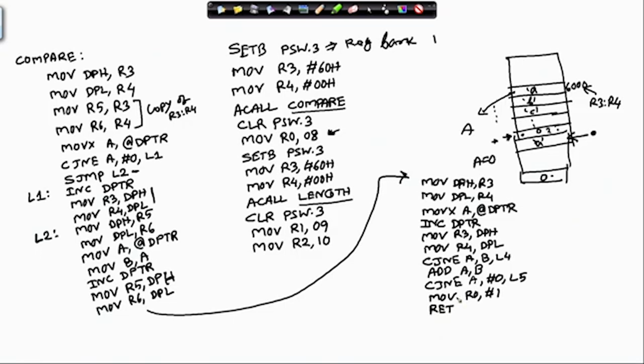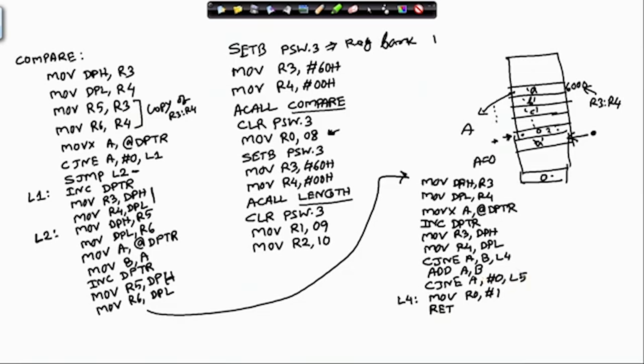And this L5, this L4 will be, L4 is actually this point, move R0 comma hash 0. So, this is the point L4, okay. And this is CJNE, the characters are same, but they are not 0.